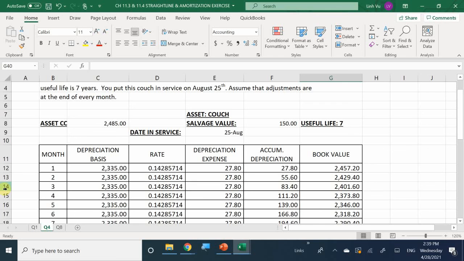If I ask you for the year, which we've seen in the majority of the examples, you're going to have to consider how much it is for that year, plus how old it is for the first year. Since we've been practicing that partial years thing for the double declining, this one I want you to take a look at what if I just did it for every single month.